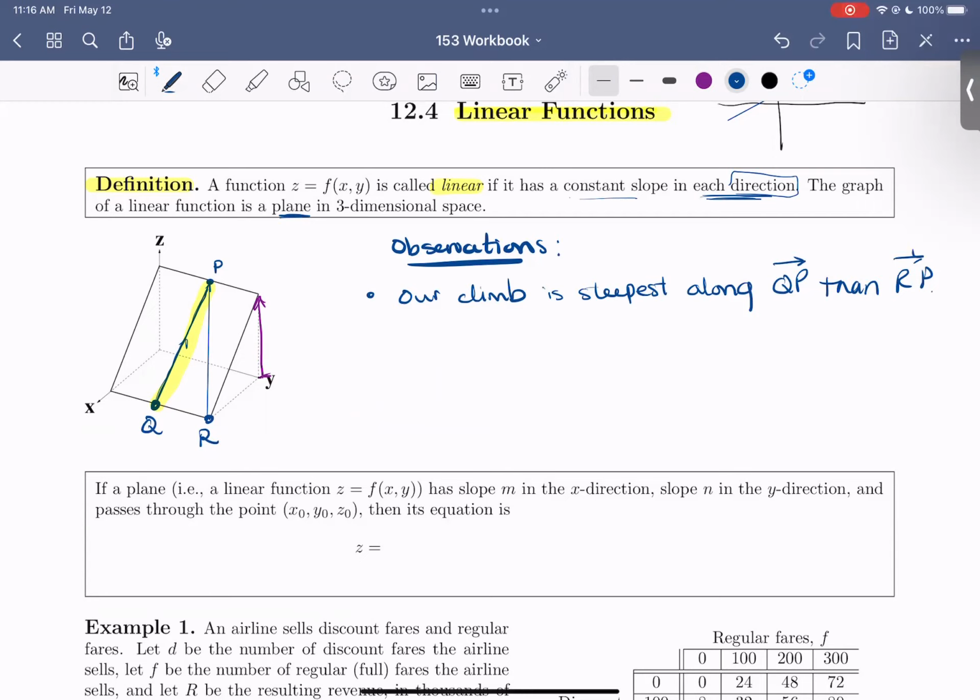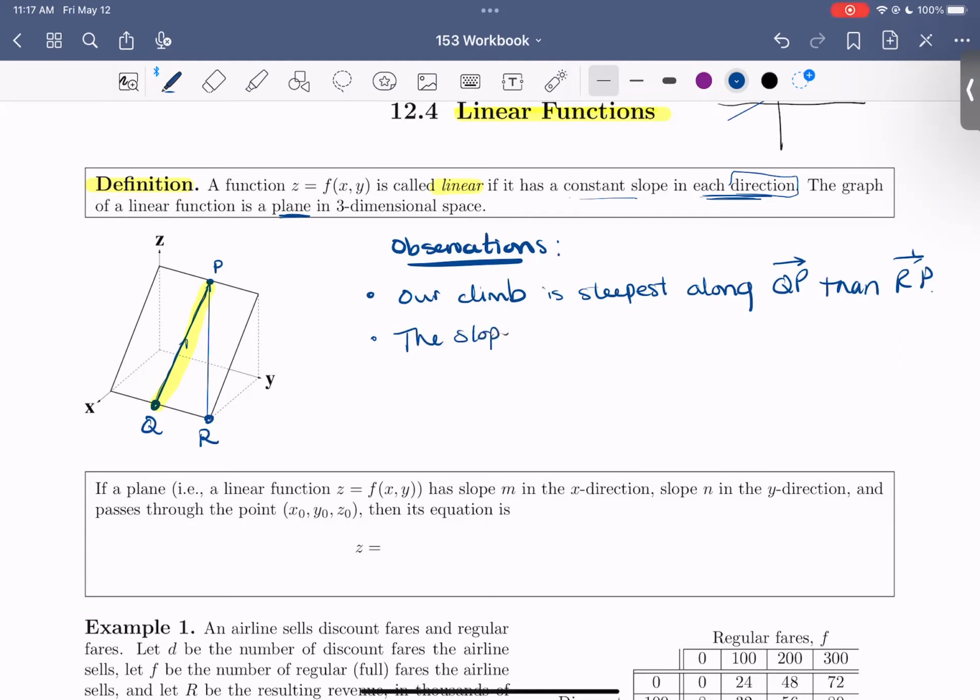All right, so now what's another observation we can make? Well, along any of these directions, we see that the slope of our approach is constant throughout. So if we go here, we're going to go up the same amount over for any location on this path. So the slopes stay constant along each straight path. So I'm going to write that down.